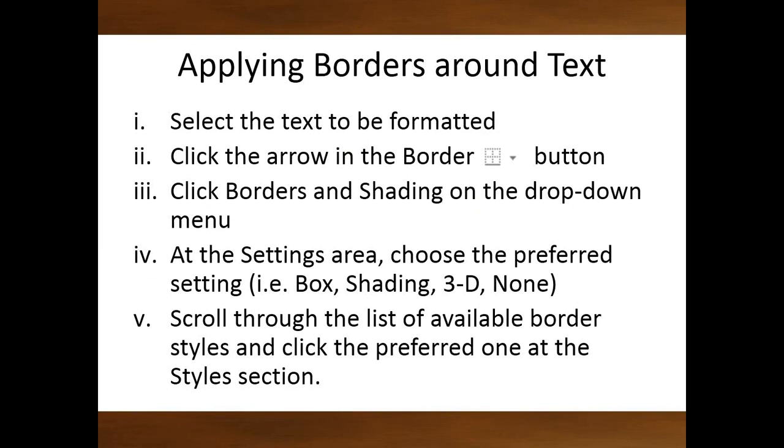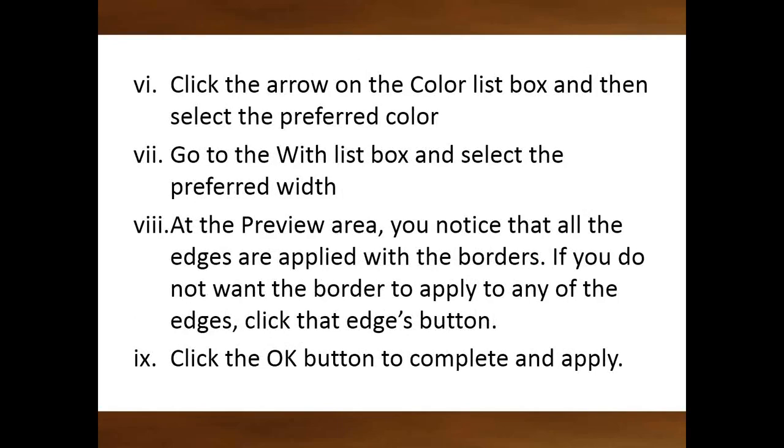Step 4, at the settings area, choose the preferred settings. That is, you have box, shadow, 3D, or none. Step 5, scroll through the list of available border styles and click the preferred one at the Style section. Step 6, click the arrow on the color list box and then select the preferred color.